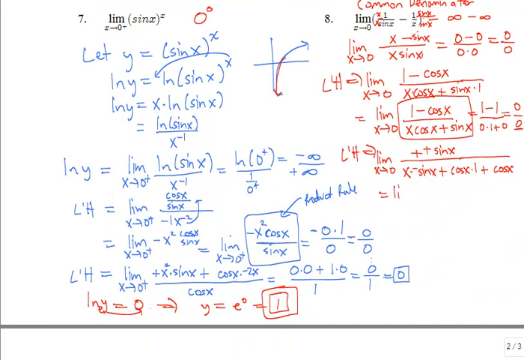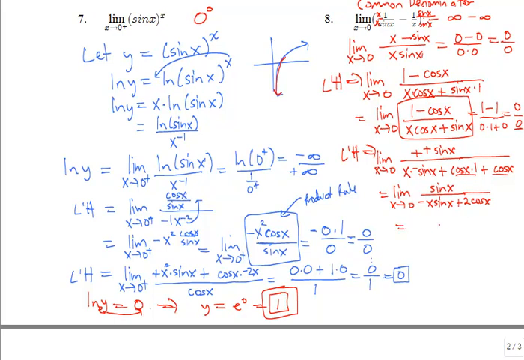So this becomes, cleaning it up just a tad here, we have sine x in the top, and in the bottom we get a minus x sine x, and a cosine plus a cosine is a plus 2 cosine x.